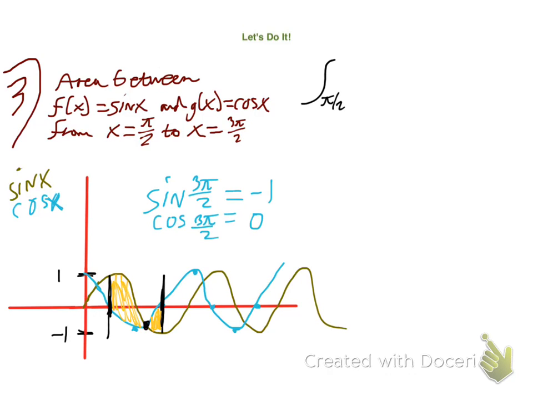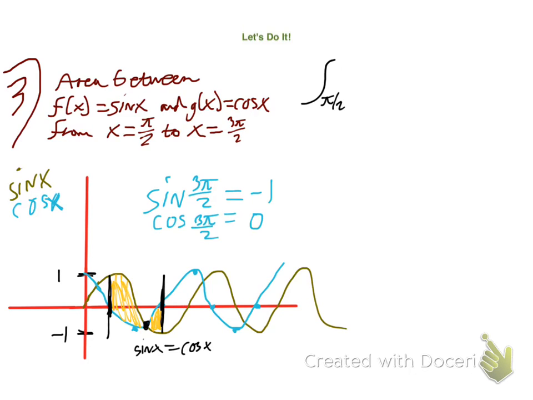In other words, this point, what is that point? That's where sine of x equals cosine of x, which you might think, oh, pi over 4, but that's actually that point. We're looking for the next point where sine and cosine equal each other.